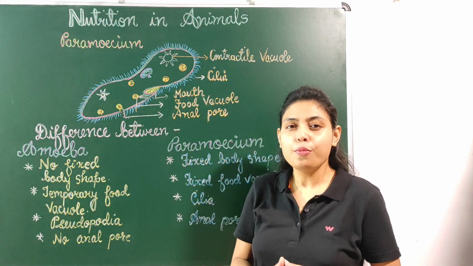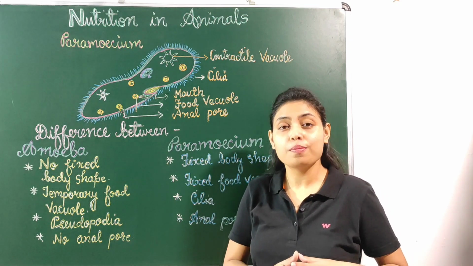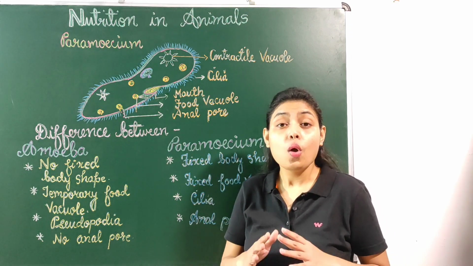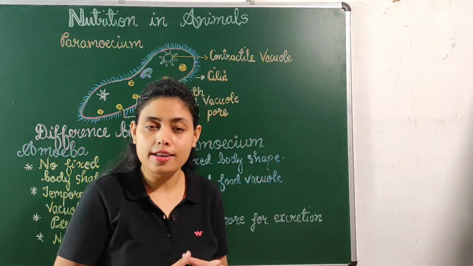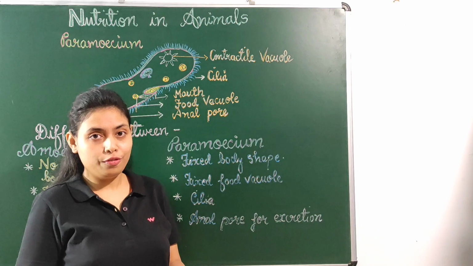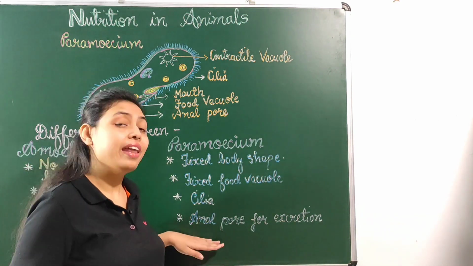Amoeba removes its waste product or undigested food from the surface of the cell by diffusion, whereas paramecium has a special structure in the cell from where it removes the undigested food, and that opening is known as anal pore.